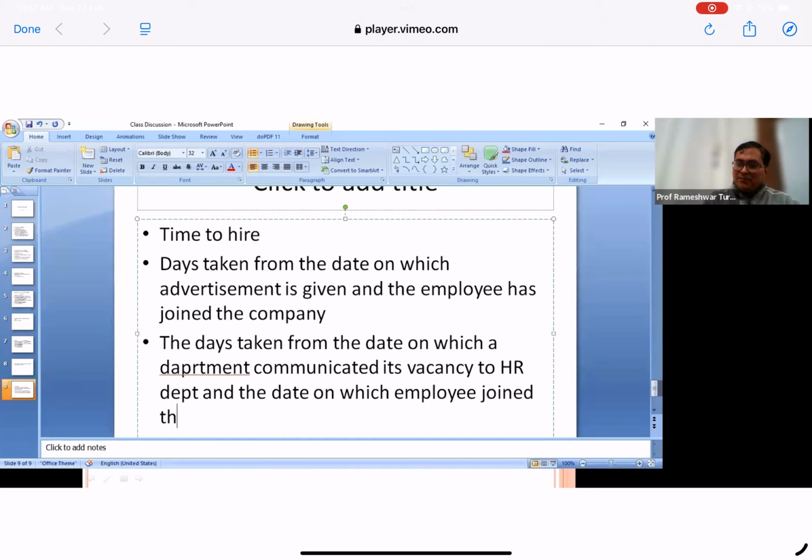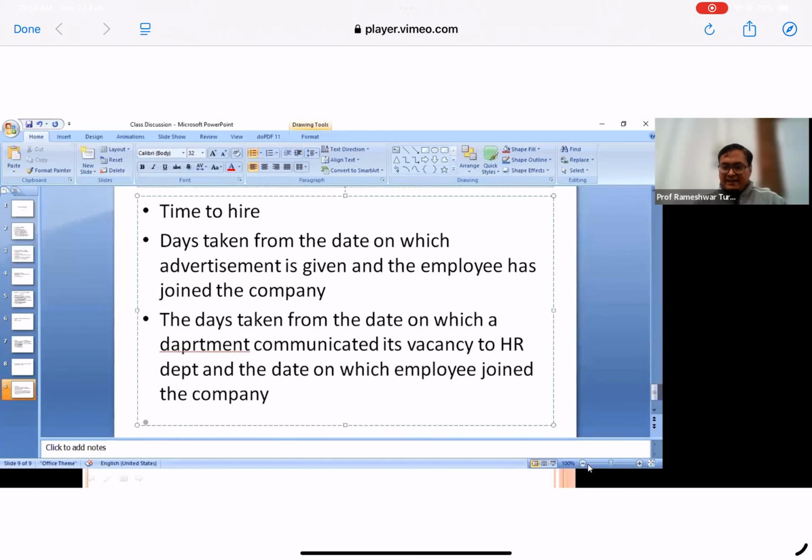Now, the days are different, and some company says join the department, that is another different thing. People may join a company, they may do one month's training program and join the department after 1 month. So how you calculate that varies, definitions vary. Somebody will say like this, or somebody will have another definition, something like this.